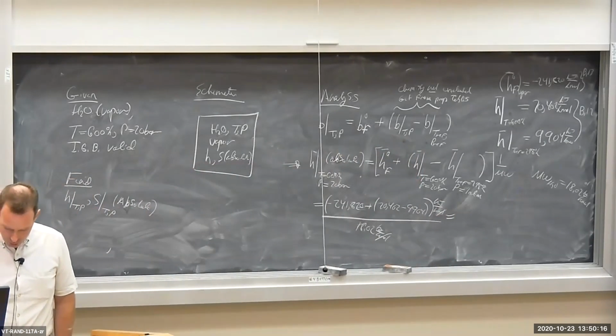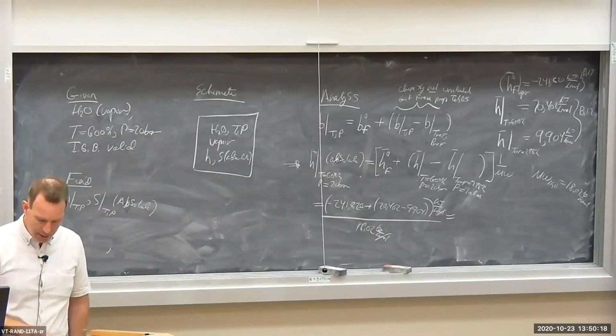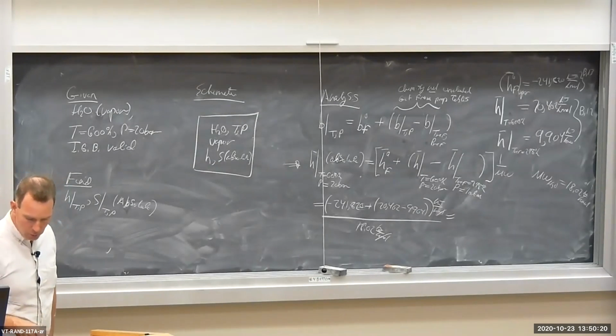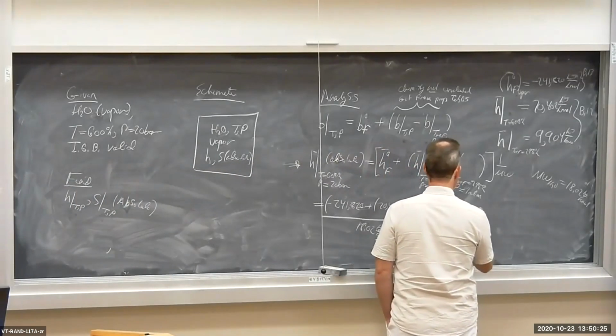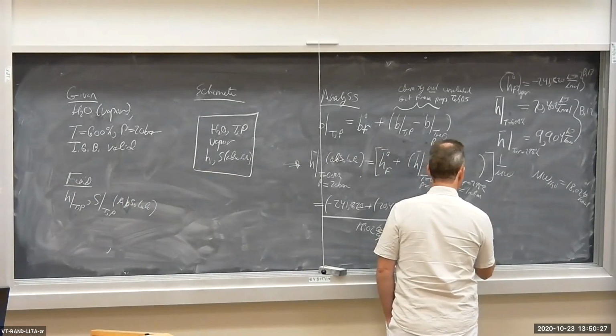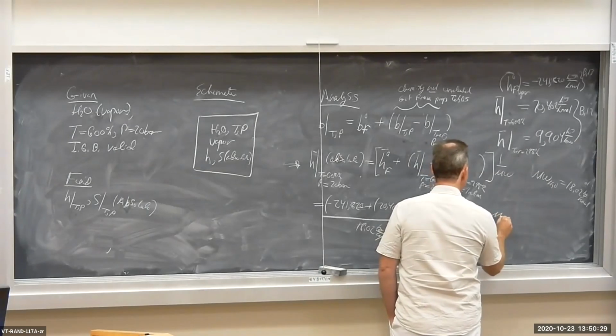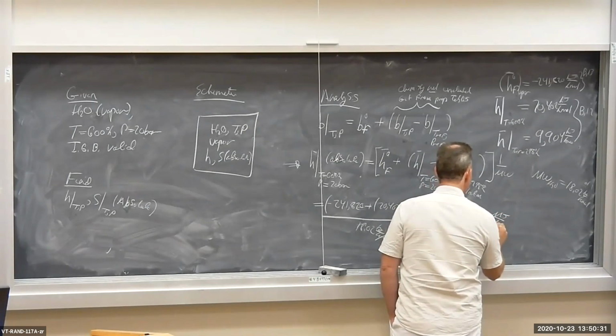And the final enthalpy at 600 degrees, including the chemistry, is negative 12.84 megajoules per kilogram.